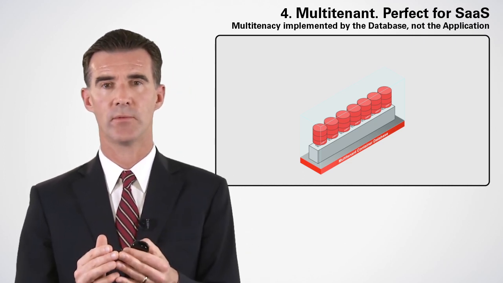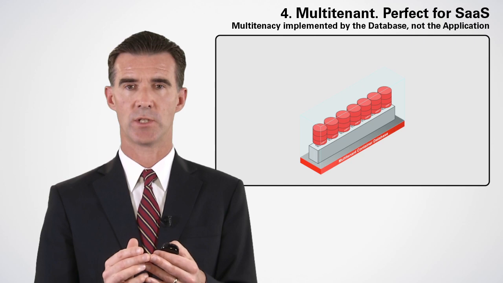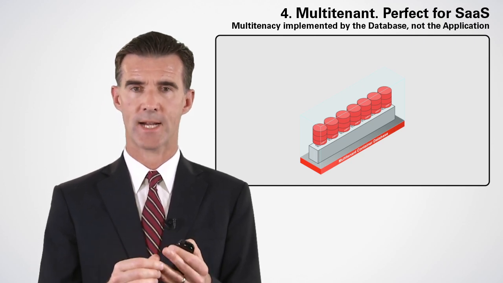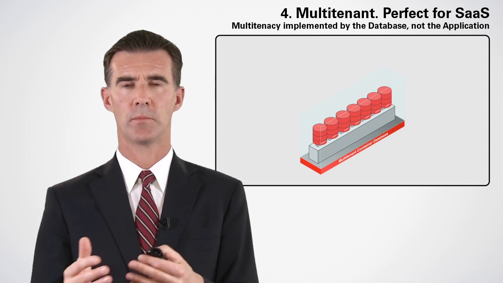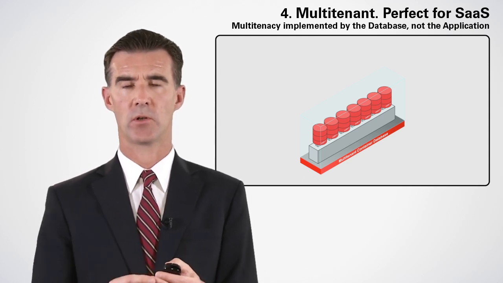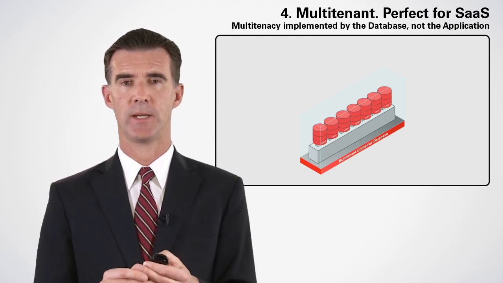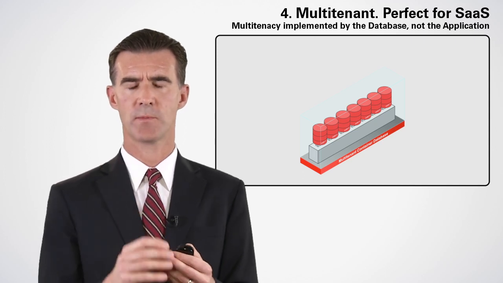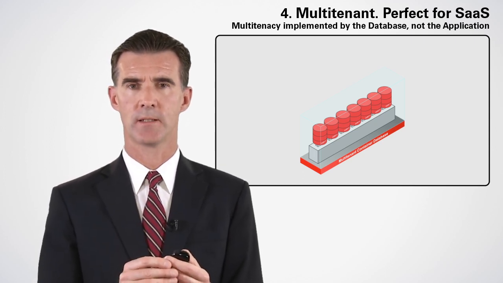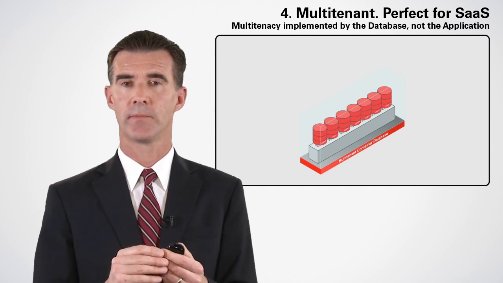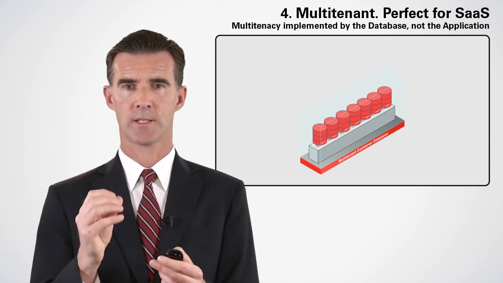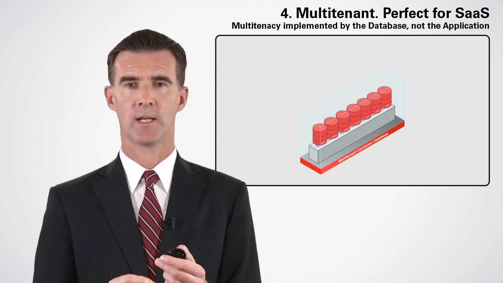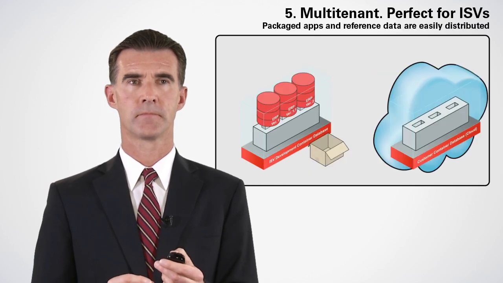Well, all native security features work. Encryption, redaction, database vault. How about ad hoc queries, reporting? All native Oracle tools work against the PDB. All of this is possible with Oracle Multitenant. But none of this is possible if the multi-tenancy is delivered in the application sphere. So Oracle Multitenant is a great platform for software as a service.